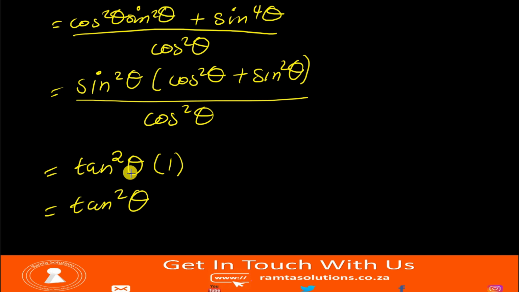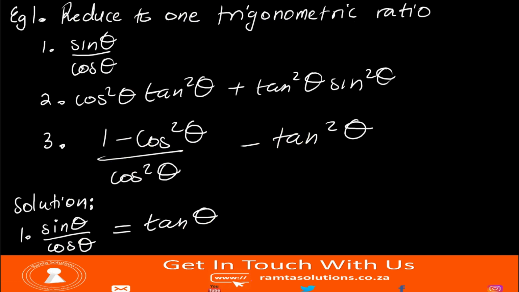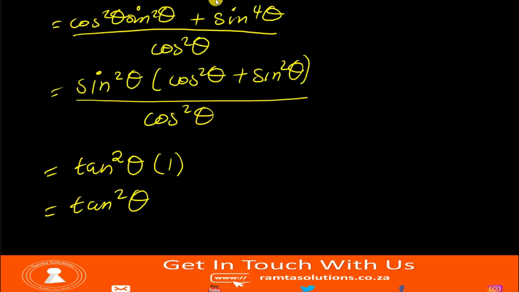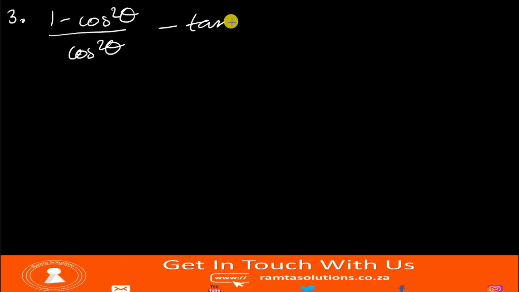All right? Now, number 3, let's see. Number 3, we have 1 minus cos squared theta all over cos squared theta minus tan square theta.